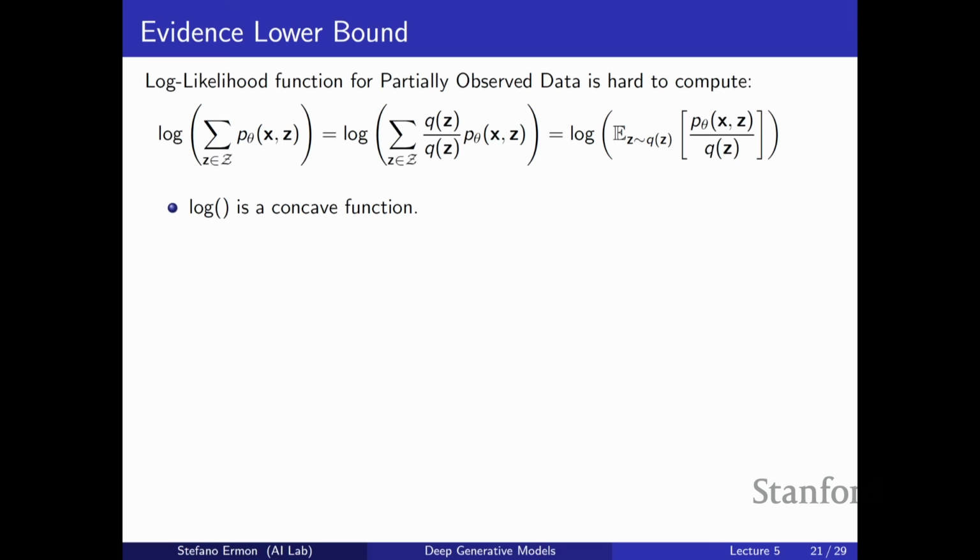So recall that what we want is this. We want the log marginal probability, which we can write down as this importance sampling distribution. And we know that the log is a concave function, which means that if you have two points, x and x prime, and you take a combination of the two and you evaluate the log, this is above the linear combination of the two values of the function.